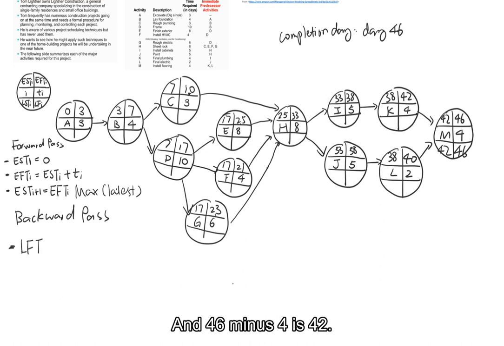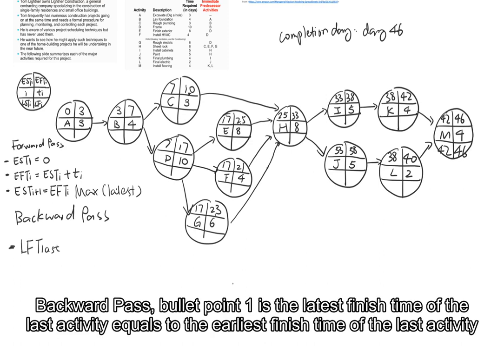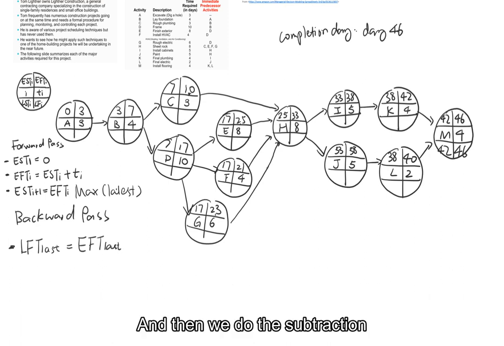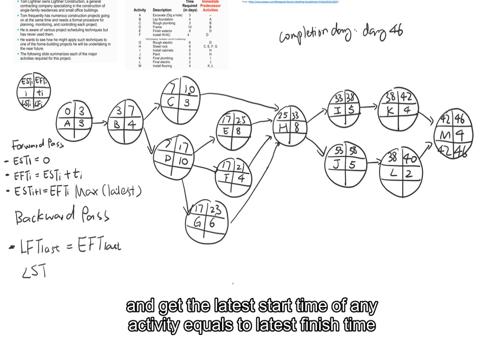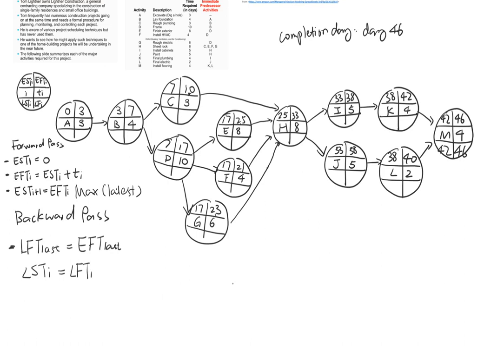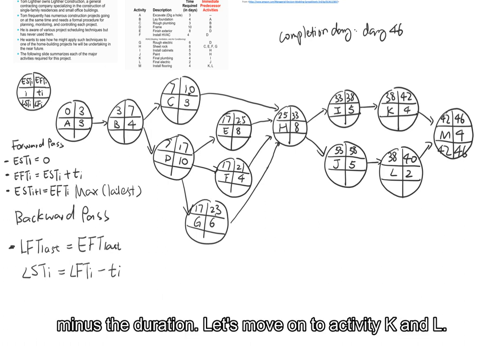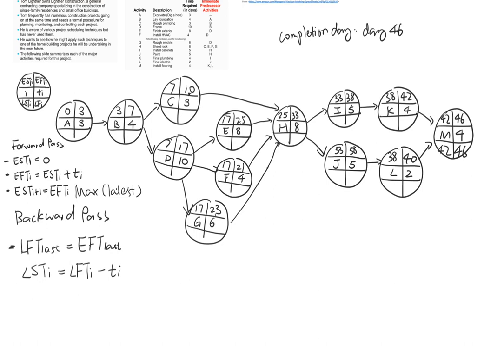Latest finish time of the last activity equals the earliest finish time of the last activity. And then we do the subtraction and get the latest start time of any activity equal to latest finish time minus the duration. Okay? And then let's move on to activity K and L.